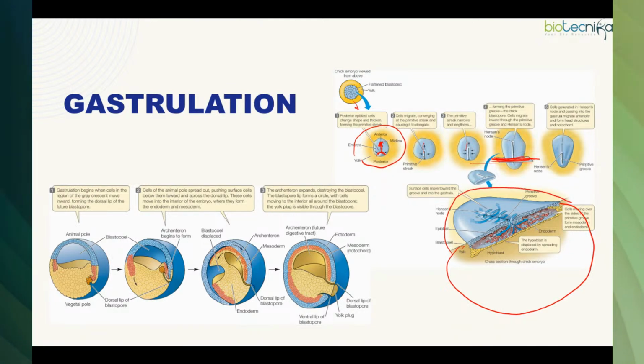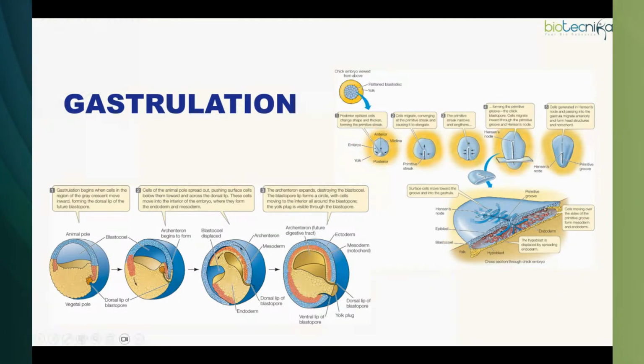Now see how the cells are going inside: from the sides they are going, and then inside they are coming back. So this is how gastrulation takes place in birds.